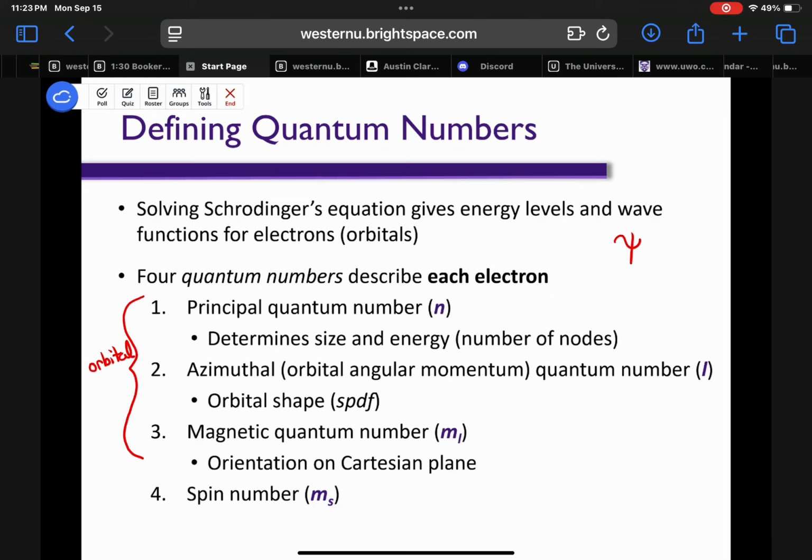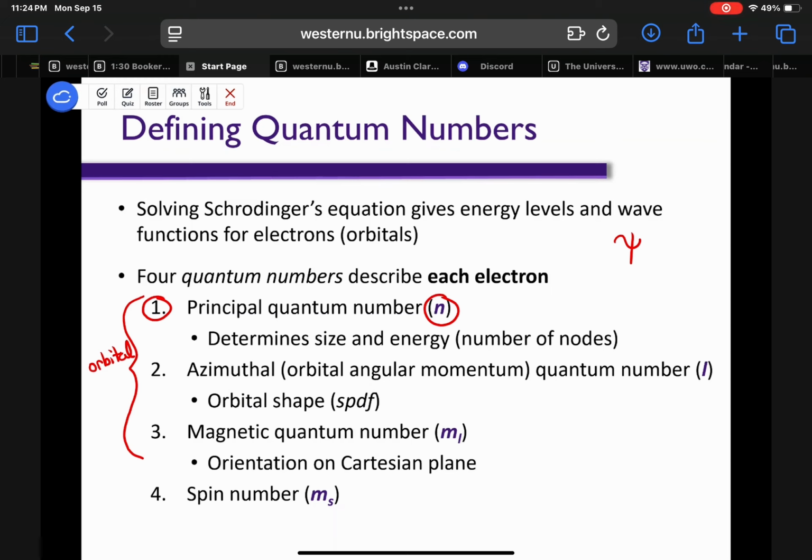As you already know, we can fit 2 electrons in one orbital, and the first 3 quantum numbers tell us about that orbital. The first is the principal quantum number, and we're going to go through each of these in more detail. This is just the big overview first. The principal, the first one, gives us the big idea of size and the big idea of energy.